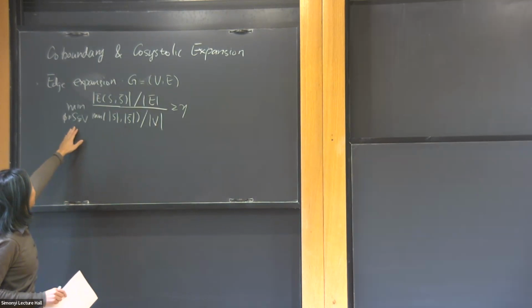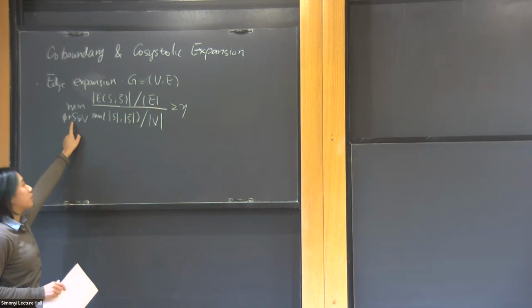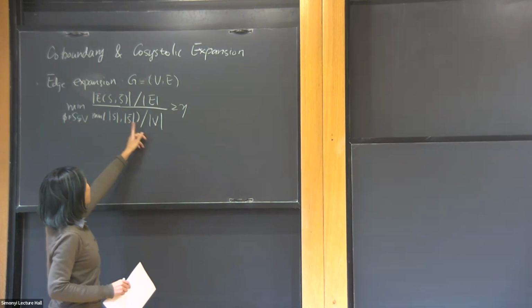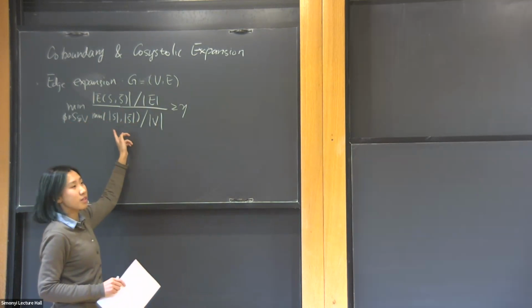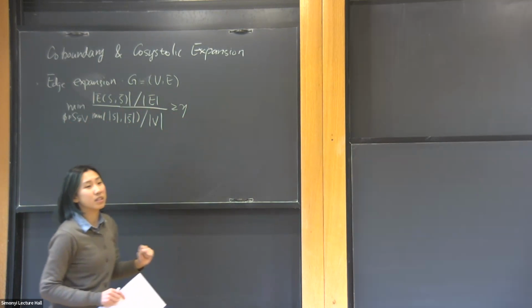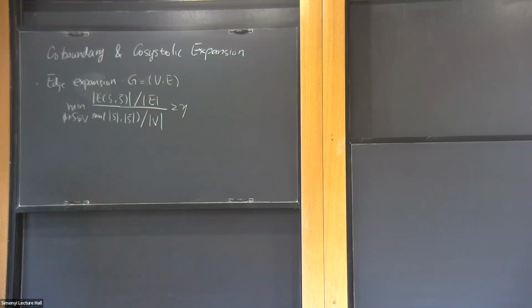For all proper subsets of vertices, the edges exiting the set in the graph over the total number of vertices in this set, normalized carefully, is greater or equal to some constant. It means most adjacent edges of a subset go outside the set. So that's the main expander property.